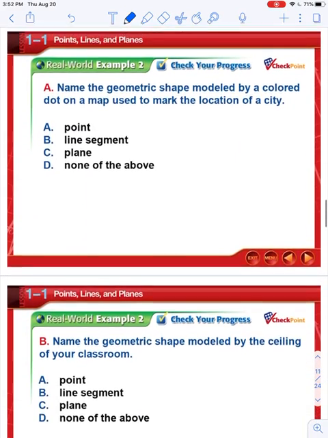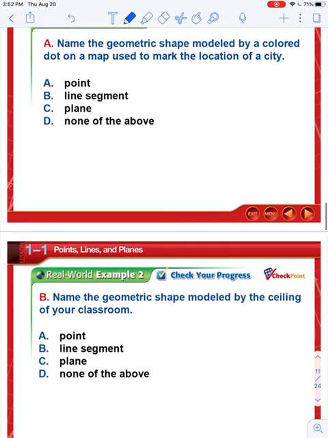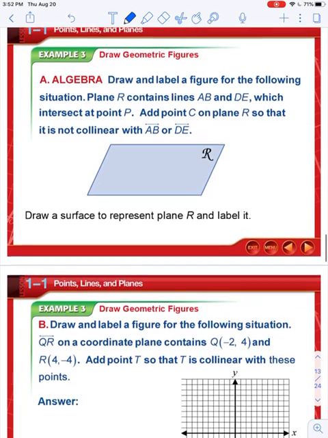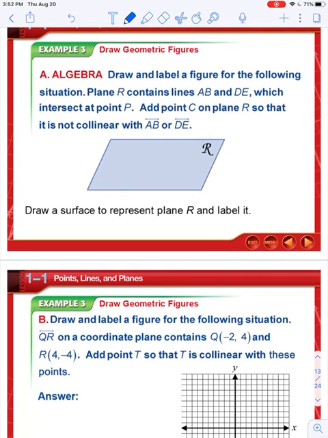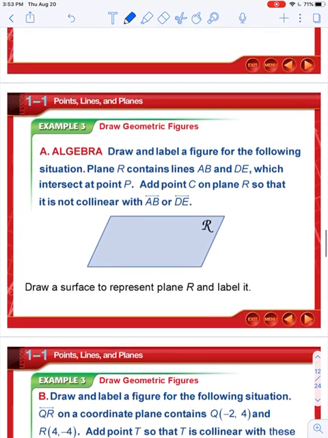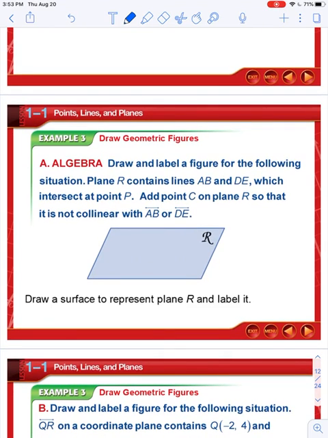I'll let you go ahead and pause and think about these next two. All right, this next one, we are going to go ahead and draw out what it says. So we're going to draw and label a figure for the following situation.